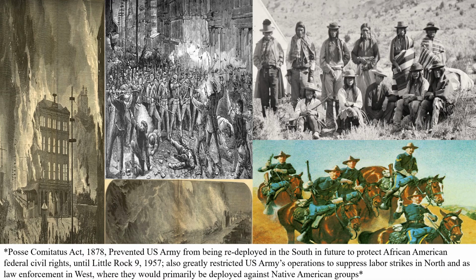And the idea is that if there are too many troops being deployed in the South, then fewer troops can be sent to the West to defeat these Native American powers and to further the conquest and integration of the West. So what is happening in the North and what is happening in the West are motivating factors for why Reconstruction ends when it does and why it's not picked up again in the South later in the 19th century.